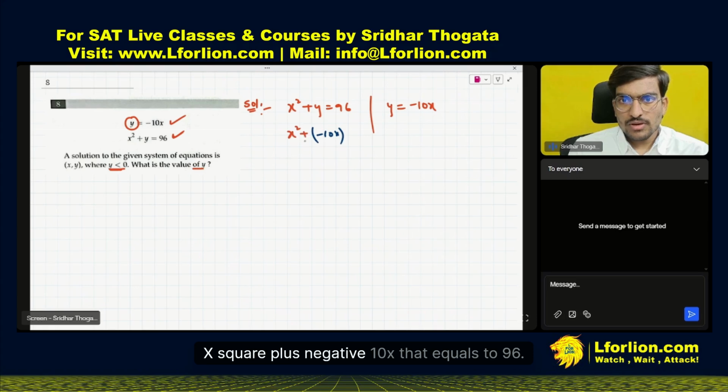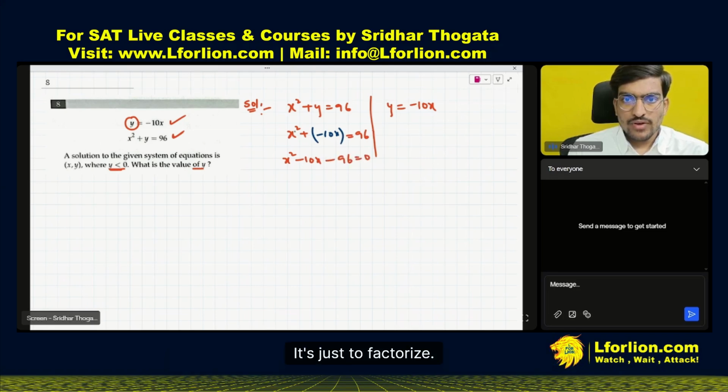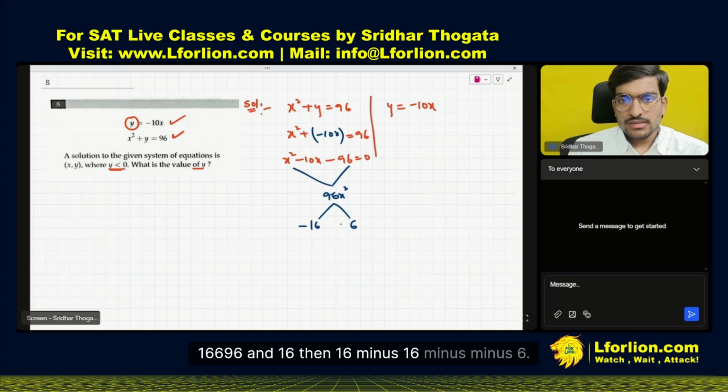x square plus negative 10x equals 96. So x square minus 10x minus 96 equals 0. It's just to factorize. We need factors of 96, 16 and 6, then minus 16 and plus 6, so that we get minus 10x.